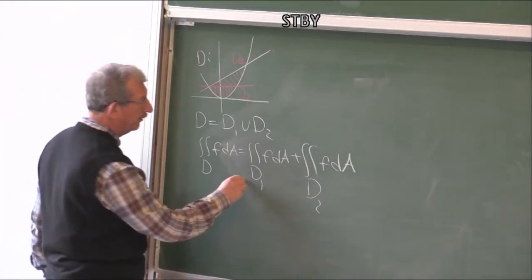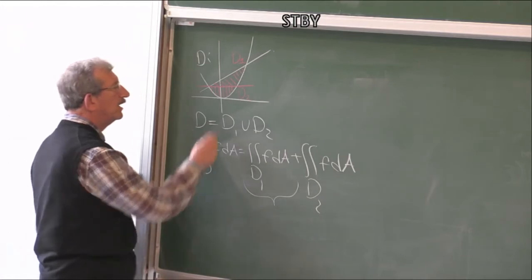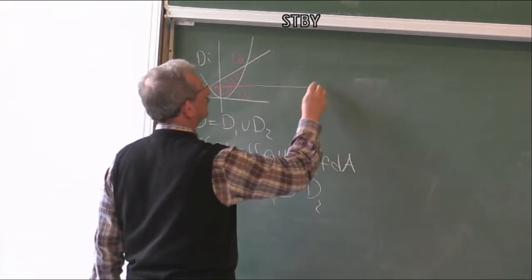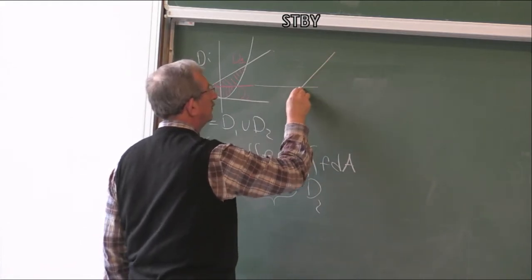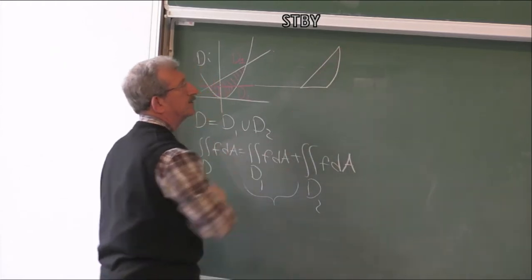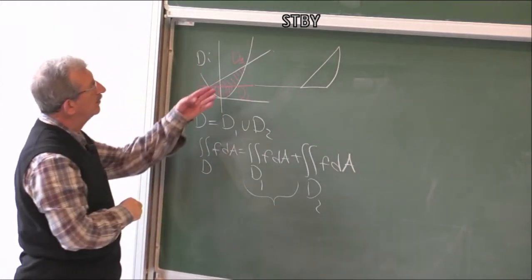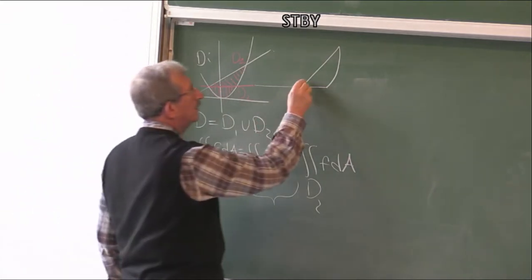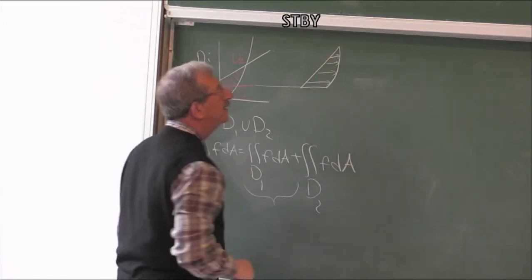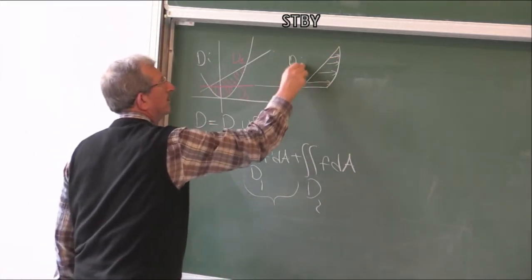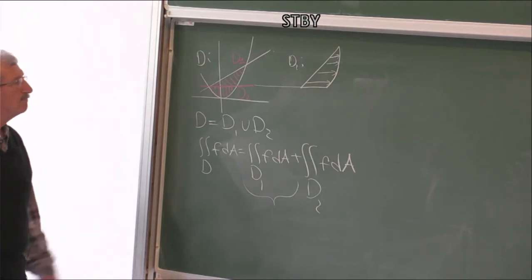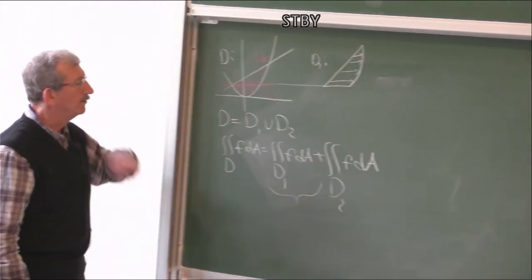But now, we look at this part. Now, concentrate on D1. D1 is something as follows. It is this one like this. Clearly, in D1, you always start from the line and end at the right branch of the parabola, because we cut out the lower part.